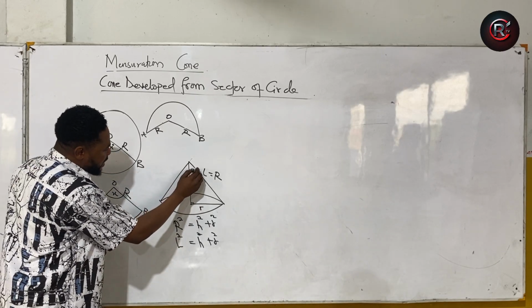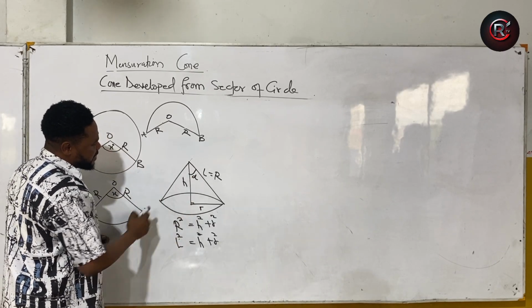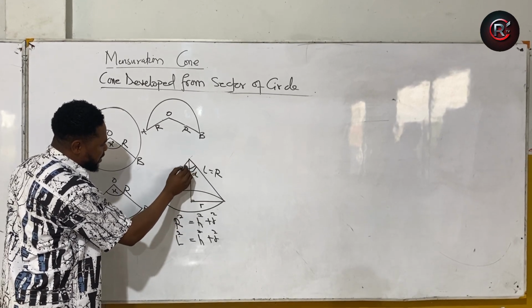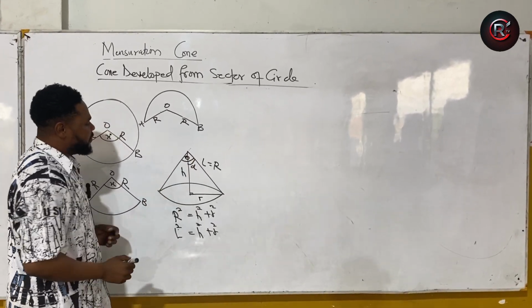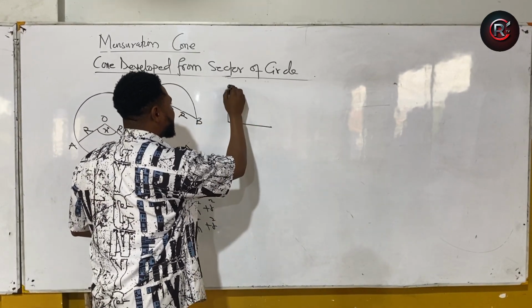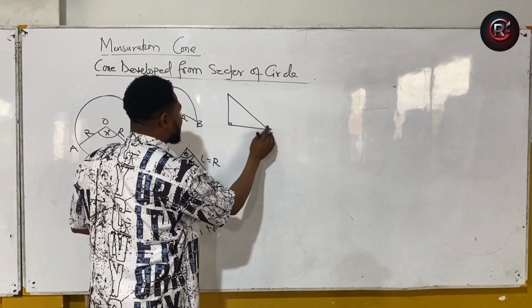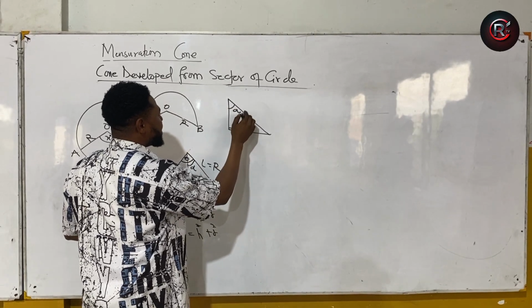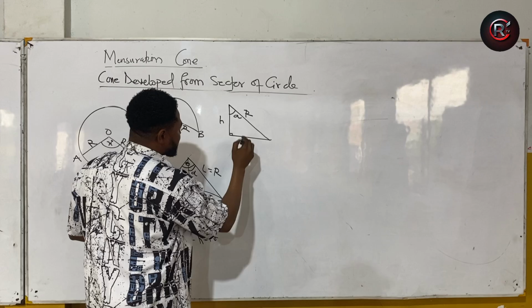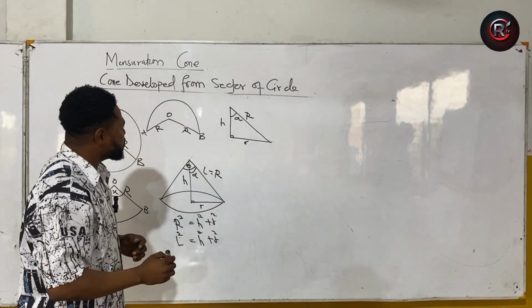Now, let us look at the angle here. This angle here is called the semi-vertical angle. And the whole angle here is called the vertical angle. So we can be asked to find the semi-vertical angle here, and we can use our trig ratios, our sine, tan, or cos to do it.